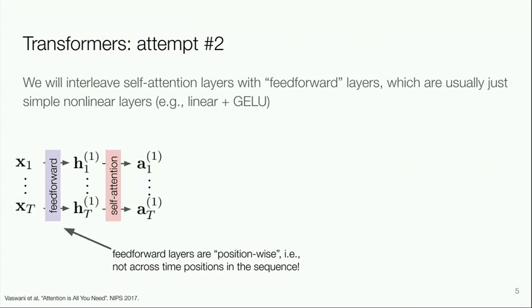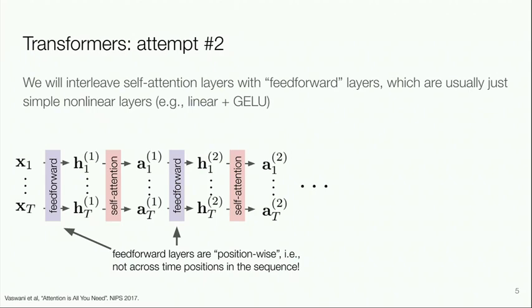But the feed-forward layer can introduce these nonlinearities that turn out to be very important. And I can just rinse and repeat this process as many times as I like. Throw on another feed-forward layer, then another self-attention layer, so on and so forth, until I'm happy that I've built my transformer deep enough as far as I can tell.